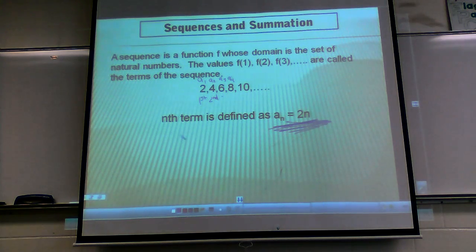So if I said find the 100th term, a sub 100, that would be 2 times 100, which is 200. So I know 200 would be the 100th term in this pattern without writing out all 100 of them.